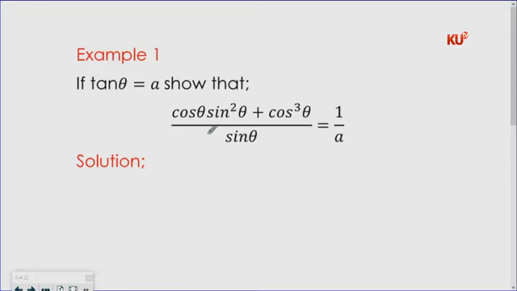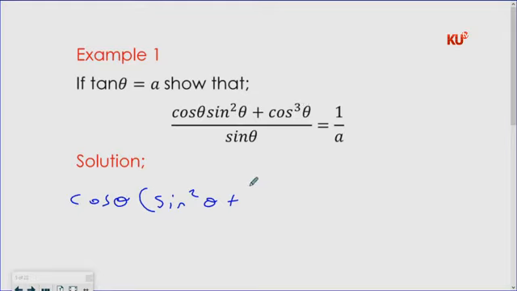As you can see, we have sine squared here, we have cos cubed here. We can factor out cos. So I'll have cos theta into brackets. I've taken this cos theta outside. I'm left with sine squared theta plus, remember we have cos cubed theta here, but I've taken 1 outside, so I'm left with 2.